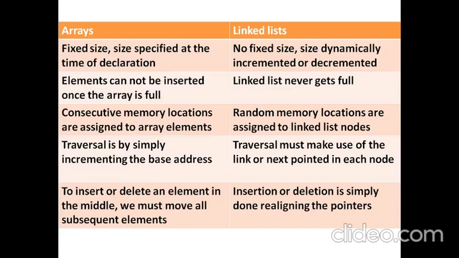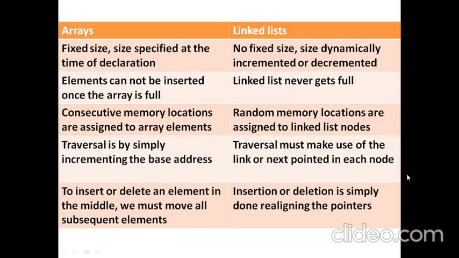For example, first address may be 100, second address may be 101, and so on. So the memory addresses for an array will always be in sequence, because without it we can't keep track of the array elements. But that is not a compulsion for the linked list. So the linked list memory locations are generally in random order.